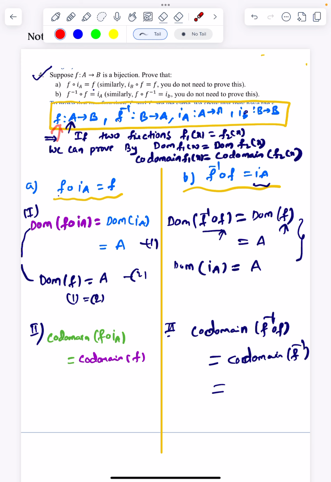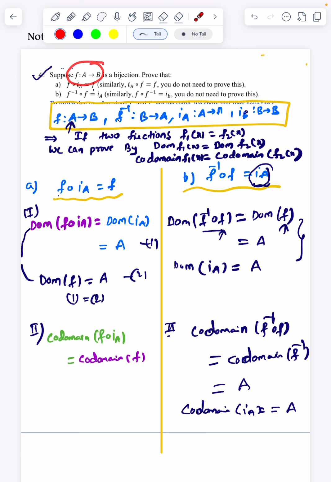If we know the domain and codomain of f, we know how to write f inverse by interchanging them, so the codomain of f inverse is A. Now I check the codomain of I_A. In I_A, the domain and codomain are both A, so here also I get the set A. The codomain of f inverse circle f is the set A, and the codomain of I_A is the set A, so these two are also equal.